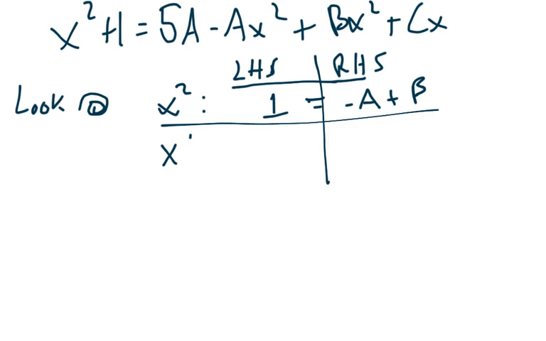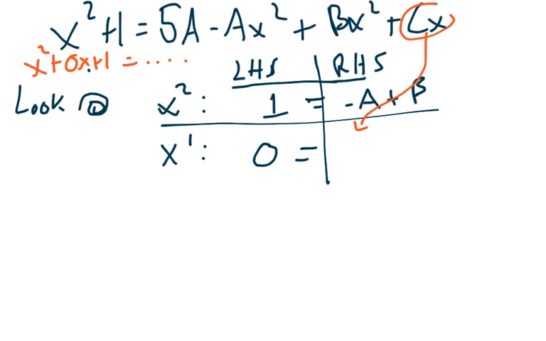Then for x to the 1, I have a big 0 on the left, because I can write this as x squared plus 0x plus 1. On the right, all I have is this C term, so 0 is equal to C. So now I know what C is.